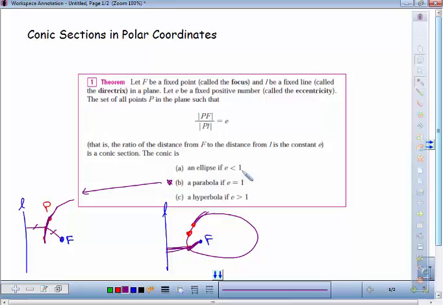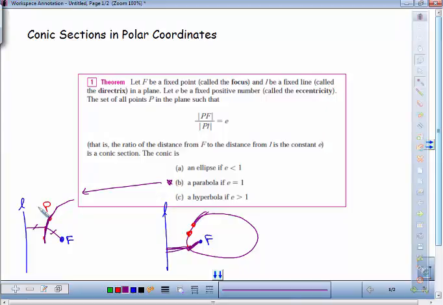We're defining an eccentricity. Eccentricity is the ratio between the distance from a point to a focus to a point to a line. That's PF and PL. And when we were studying parabolas, we defined a parabola to have those distances to be equal.